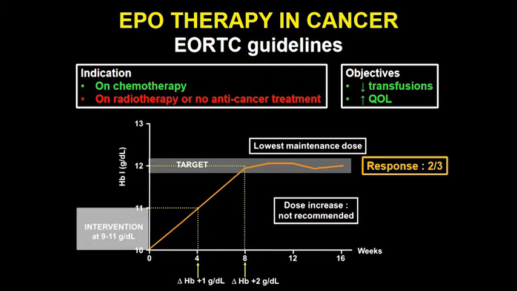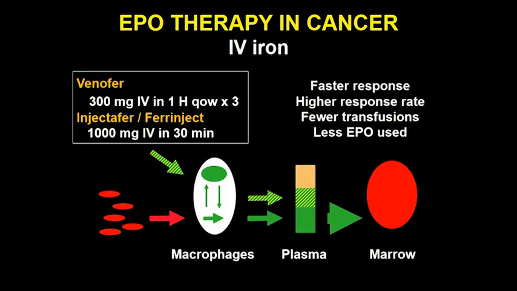There is no justified indication to increase the dose. It doesn't work. Objectives are, of course, to reduce perfusions and enhance quality of life. But despite that, only 2 out of 3 patients respond to EPO. And the majority of patients who do not respond are the ones with functional iron deficiency. And this is where IV iron really has a role to play.